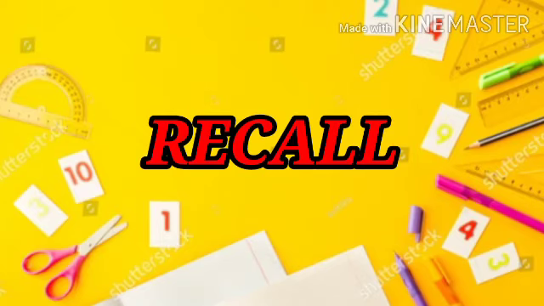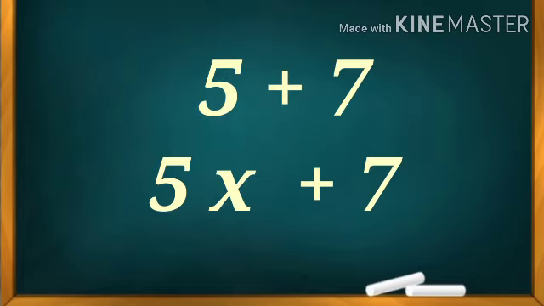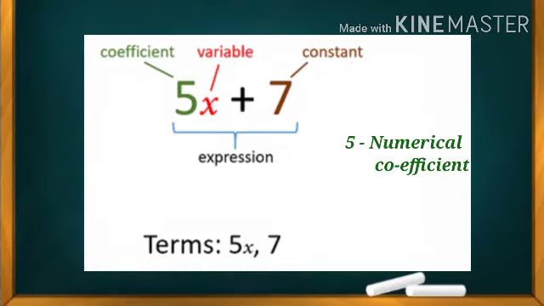Students, now we are going to recall a few terminologies which we will encounter frequently. For example, 5 plus 7 can be called a numerical expression. In this numerical expression, if an alphabet x is present, for example 5x plus 7, it becomes an algebraic expression, wherein the alphabet x is called a variable, while the numerical value 5 in front of the variable x is called the coefficient of the variable x.